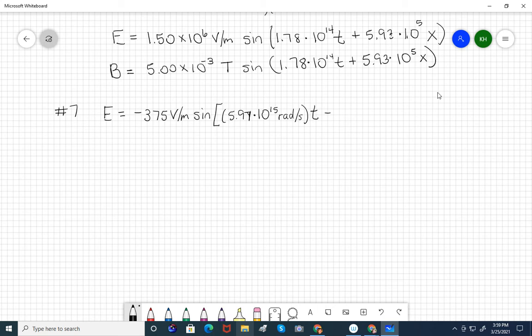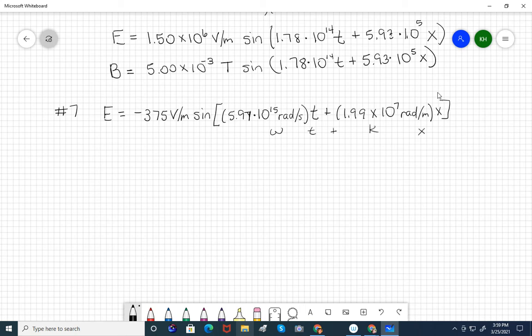plus 1.99 times 10 to the 7th radians per meter times x. So you can see this is my omega t plus kx.